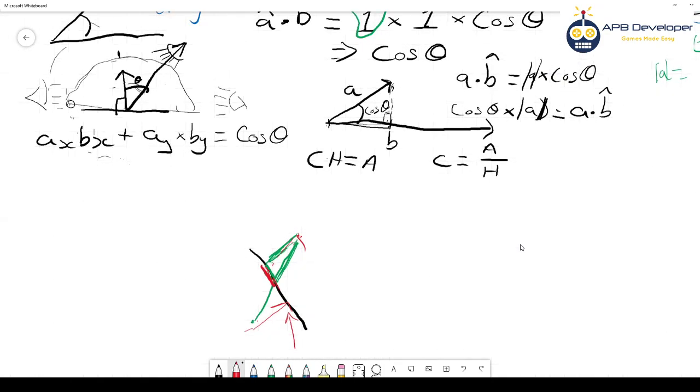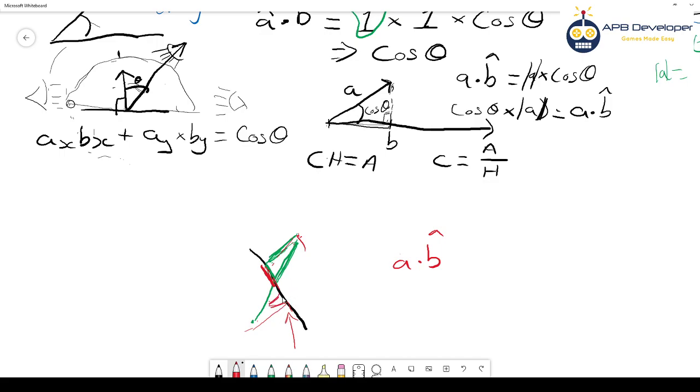And I say that's done by using this, where one of the vectors, in this case the wall, would be the unit vector. It would be a lot easier because you'd have pre-generated the maps, so you'd have stored the normal of the wall.